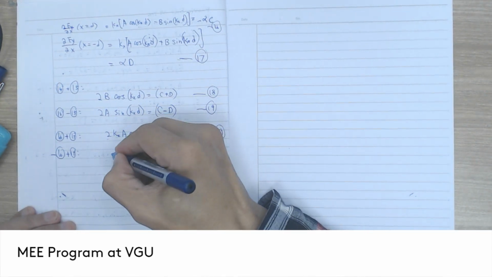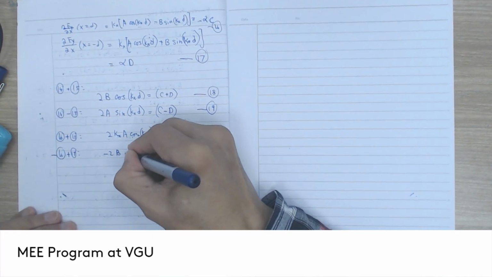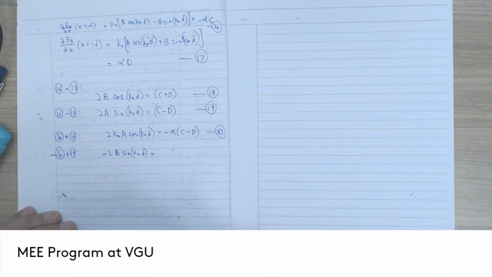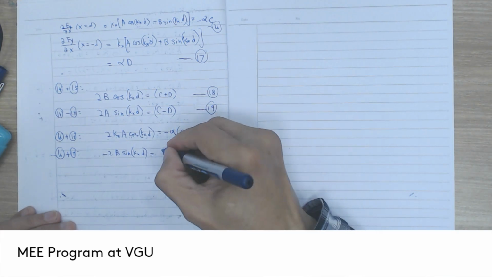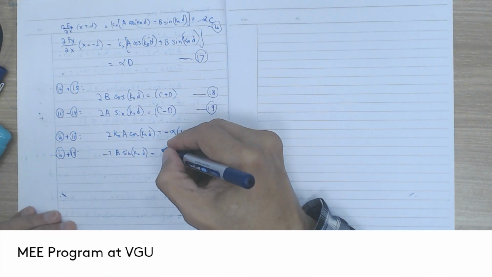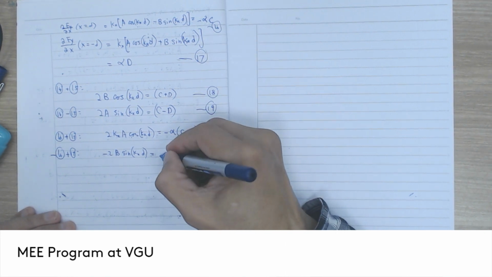So 2b sine kx d equals alpha times c plus d.